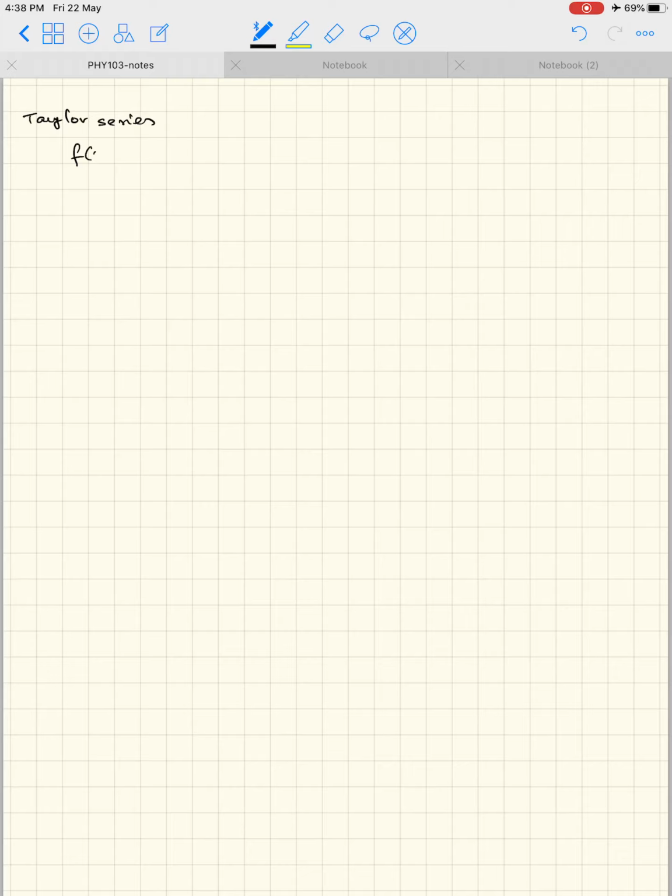If you have f of x and you are expanding this f of x around x equal to a, then this becomes f of a plus f primed of x at x equal to a, times x minus a, plus 1 over 2 factorial f double primed of x at x equal to a, times x minus a the whole squared, plus dot dot dot. That's your expansion around x equal to a.